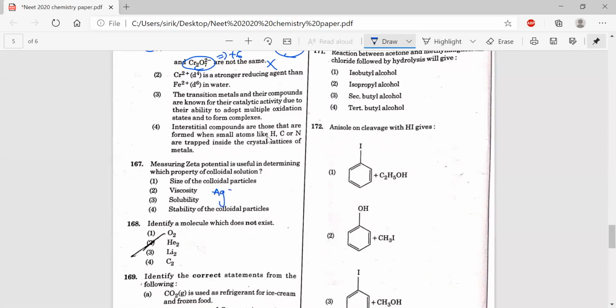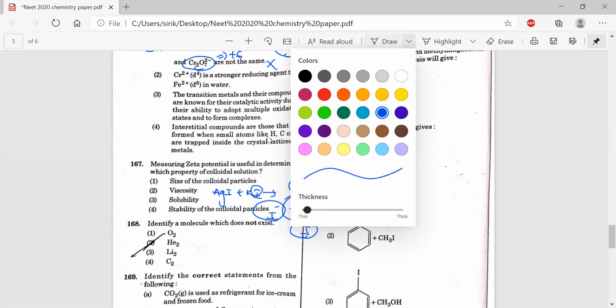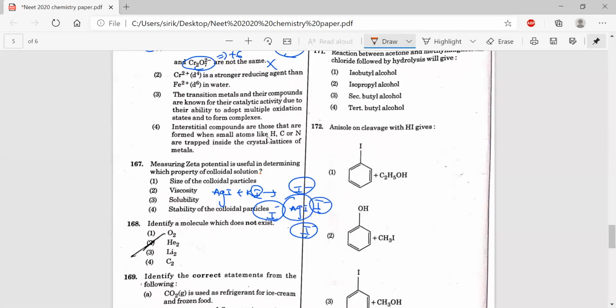For example, AgI is there, we are adding KI, then what happens? When you are adding KI, I minus is a common ion, right? Due to selective adsorption, a first layer will be formed around this AgI, and this layer is called the fixed layer.